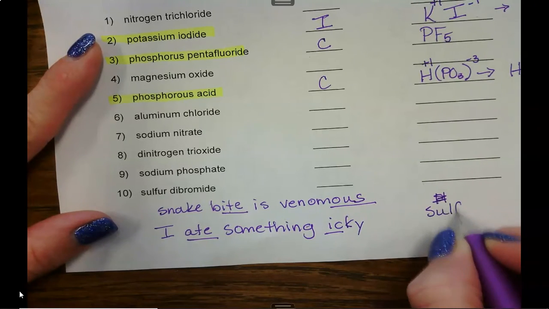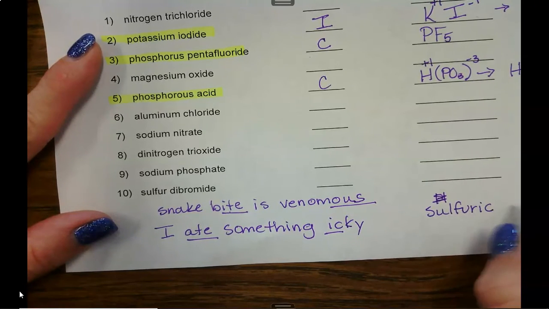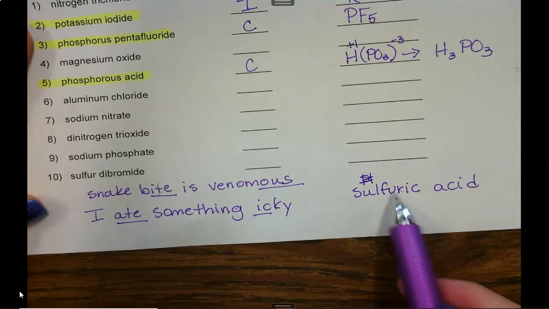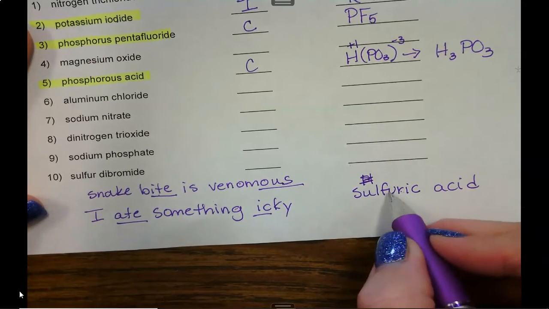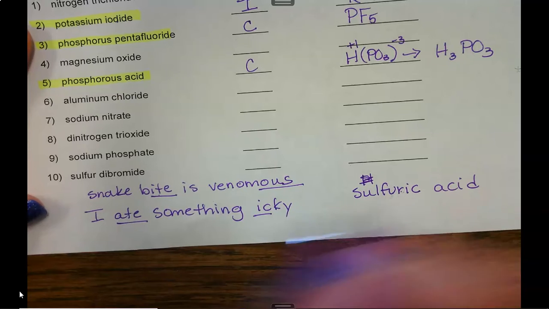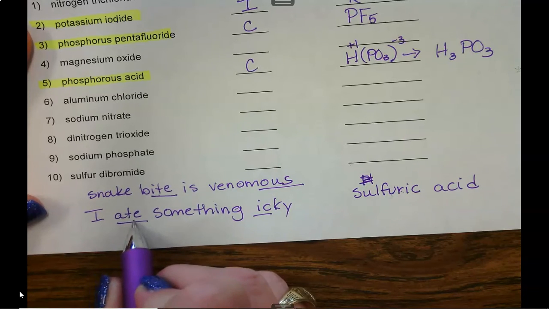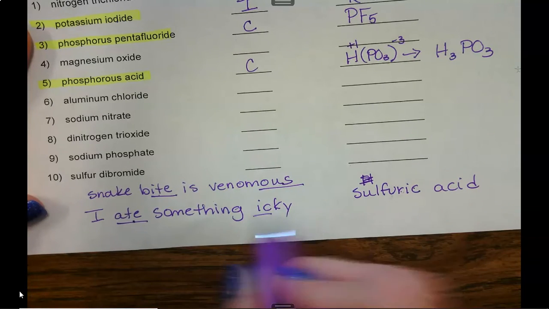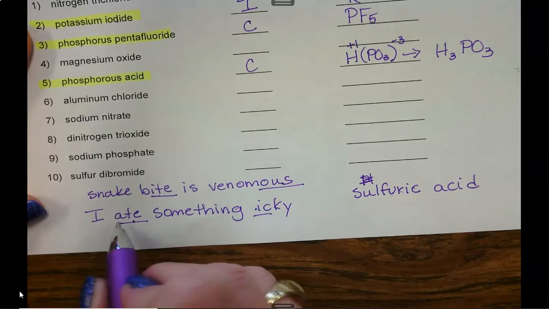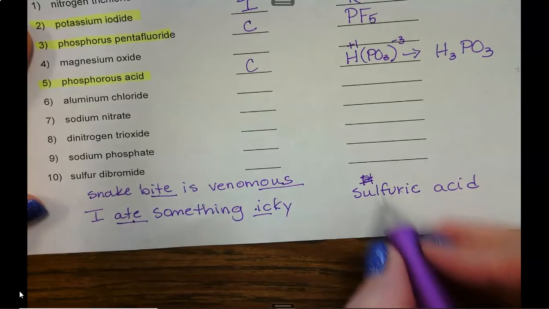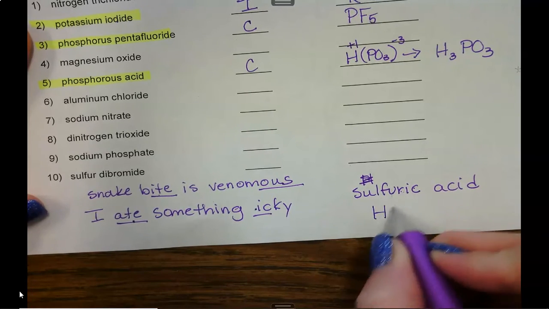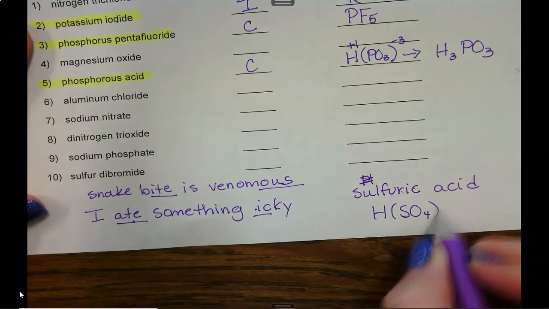Okay, so if it was sulfuric acid, and I needed to figure out what the polyatomic ion was for that, I know it's either SO3 or SO4. Well, SO4 is sulfate. It ends in IC, so it came from an ATE polyatomic. So it must be, you get the hydrogen, SO4, which is sulfate.